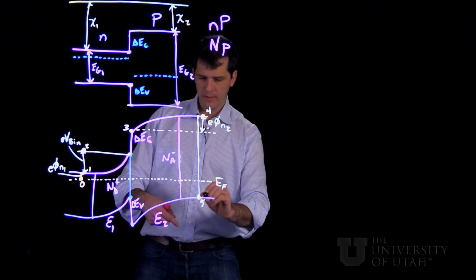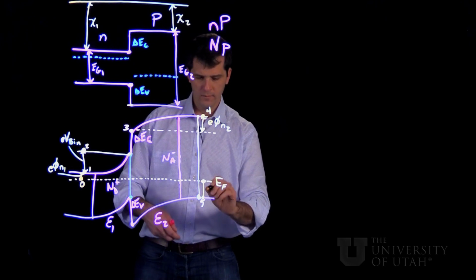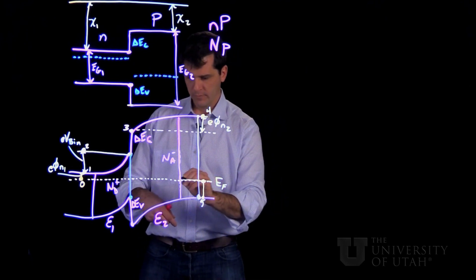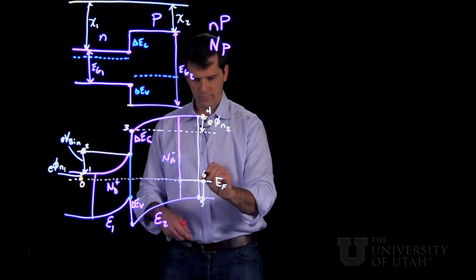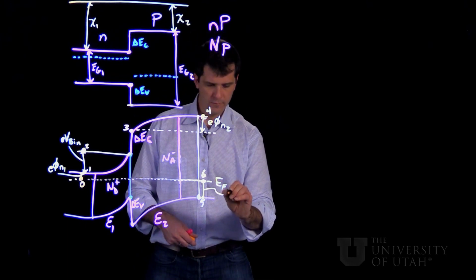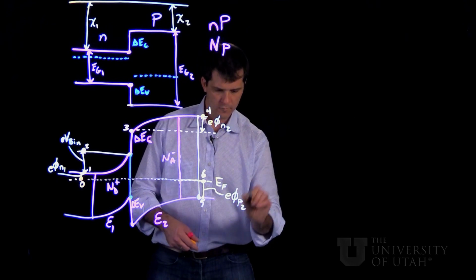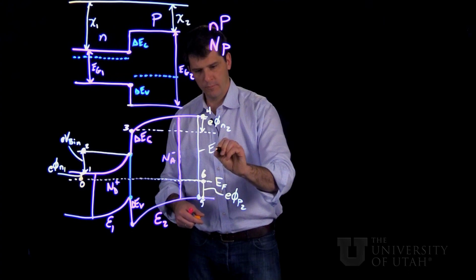And then we could move back up to the Fermi level, making this complete loop because we've come back to the same value that we started at. 0.6. So this additional little piece here would be E phi p 2. And then this is E gap 2.